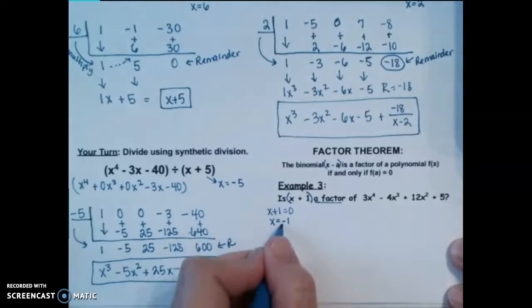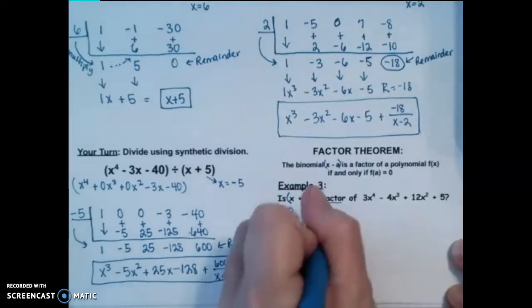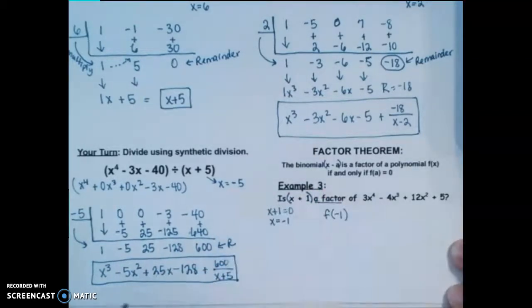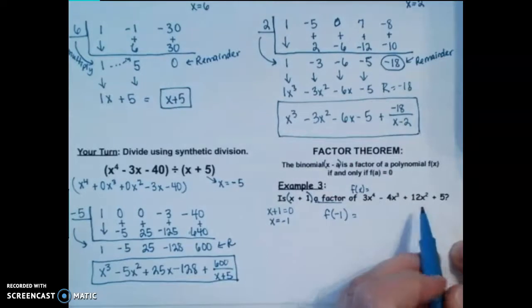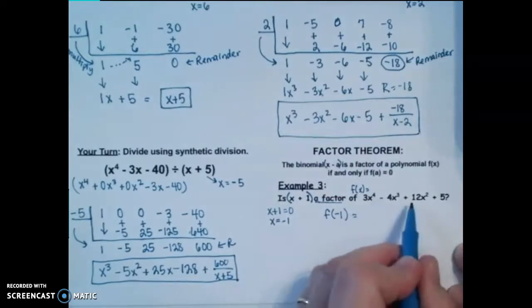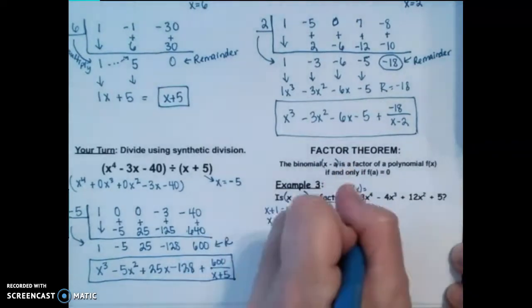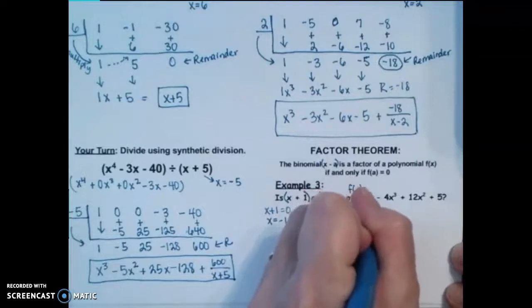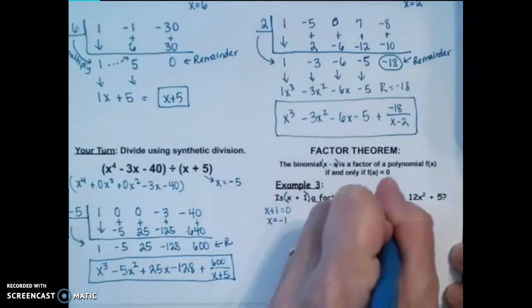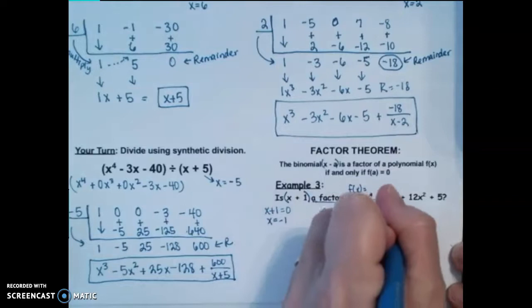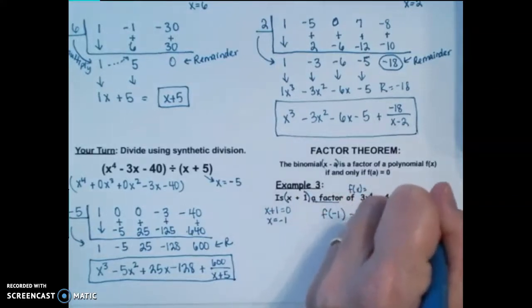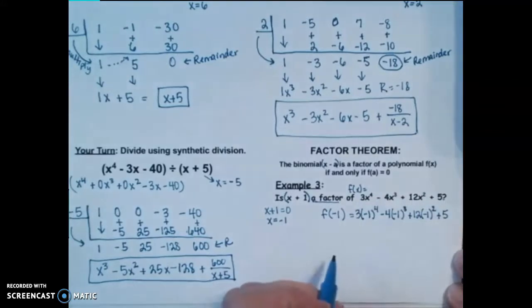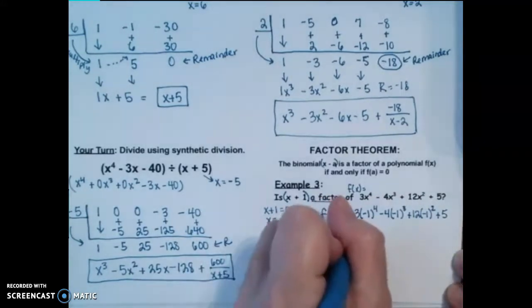So we're going to find f of negative 1. If f of x is equal to this polynomial, we're going to substitute negative 1 everywhere we see x. So you're going to have 3 times negative 1 to the 4th minus 4 times negative 1 to the 3rd plus 12 times negative 1 squared plus 5. And then we're going to simplify.